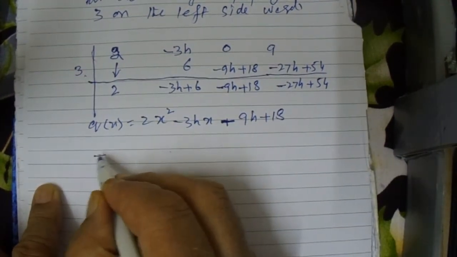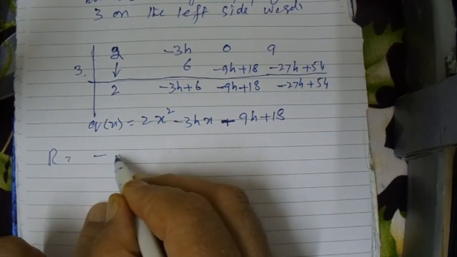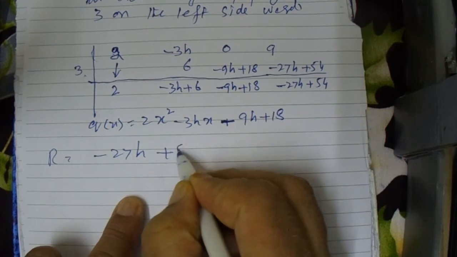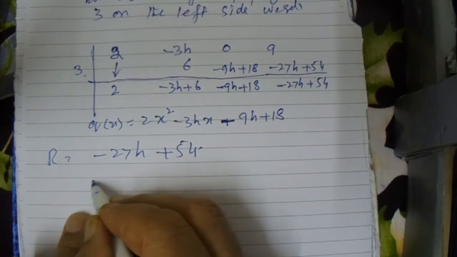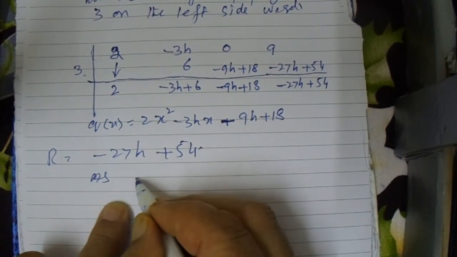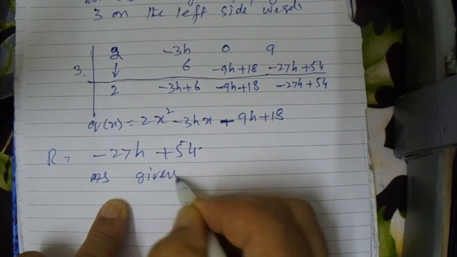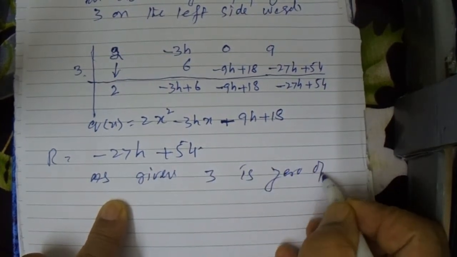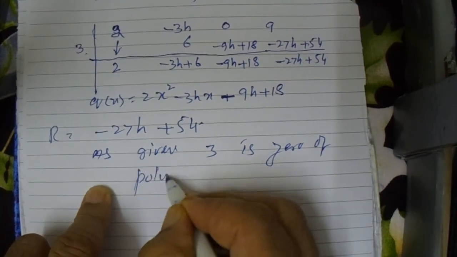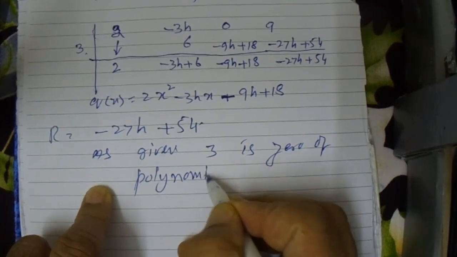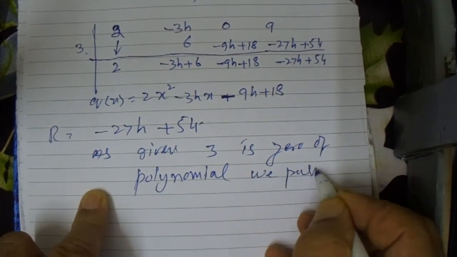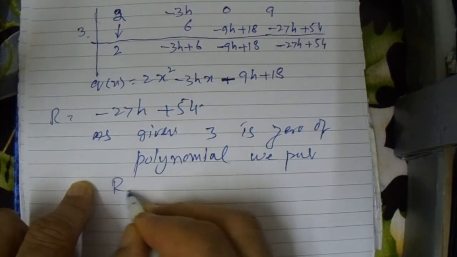Now the remainder r is minus 27h plus 54. As given, 3 is the zero of the polynomial, so we put the remainder equal to 0.